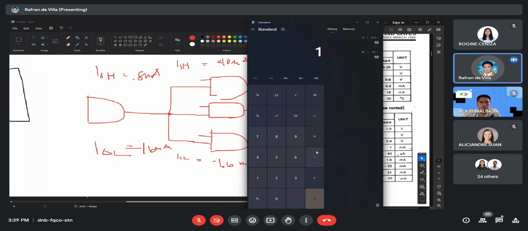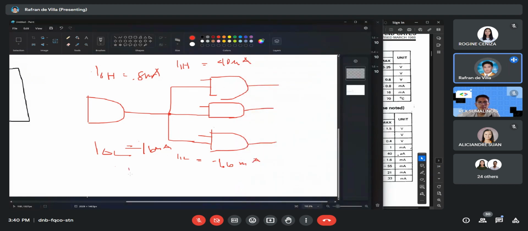So kung naa kay 16 milliamps nga ma-generate nga current for IOL, okay, it will be controlling this number of gates or input sa AND gate. So that's IOL divided by IIL, which gives you 10.